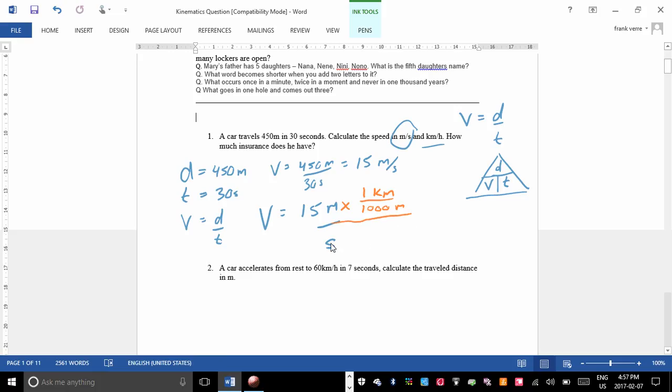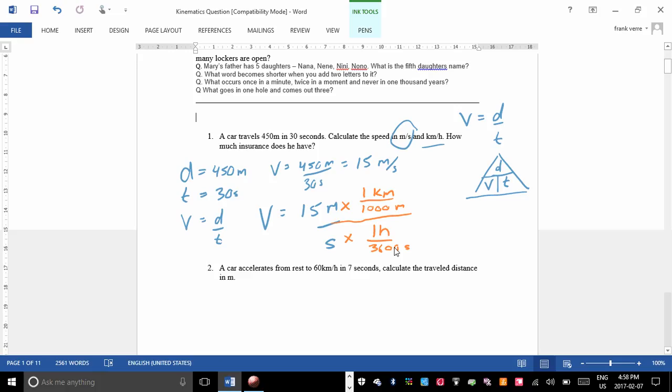So that will convert the numerator into kilometers. And then we're going to convert the unit of time, from seconds to hours. That will give us 1 hour is equivalent to 3,600 seconds.